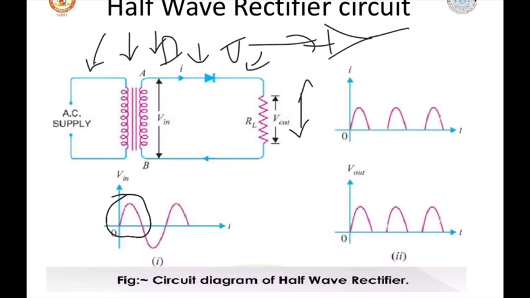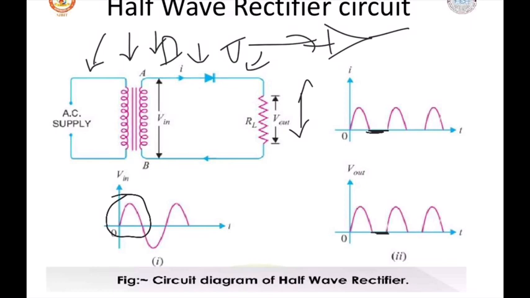The diode does not conduct during the negative half cycle, so you don't get any output. You can see the output graph, output current and output voltage. Overall, you have given an input AC, and the output from the RL load resistance will be DC.